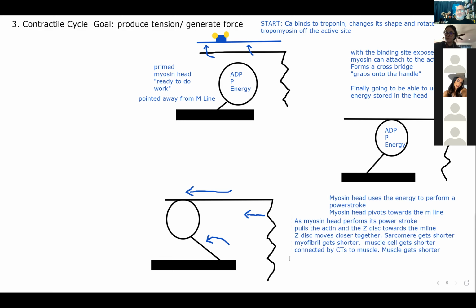And when the muscle gets shorter, the muscle pulls on bones, it generates tension, it produces our force. There you go. Mission accomplished. This is what we wanted to do. And here, lo and behold, we have done it.